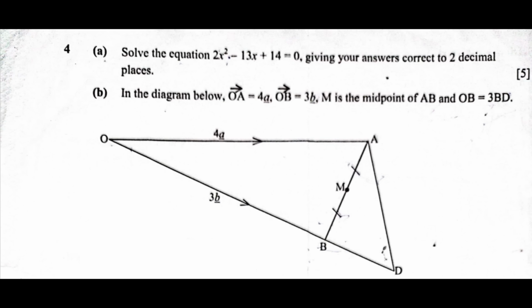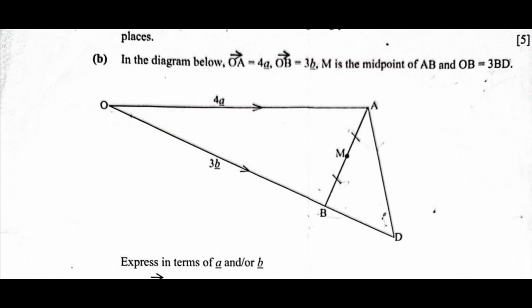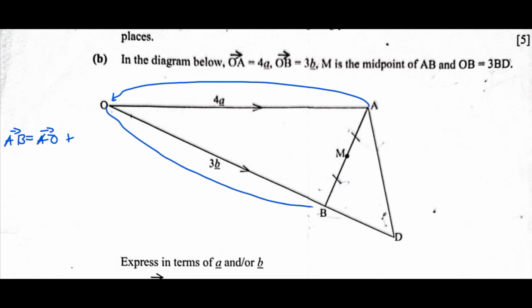Then we move on to question B. In the diagram below, vector OA is equal to 4A, OB is equal to 3B. M is the midpoint of AB, and OB is equal to 3BD. So express in terms of A and B, vector AB. So if we want to find vector AB, we'll say AO plus OB.